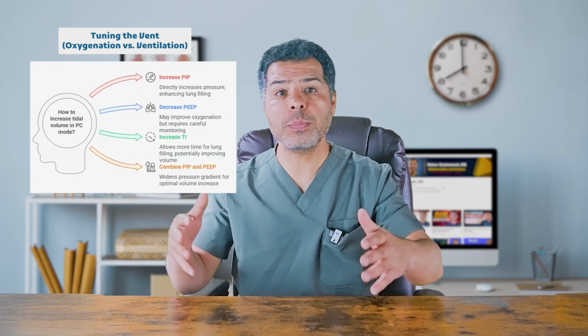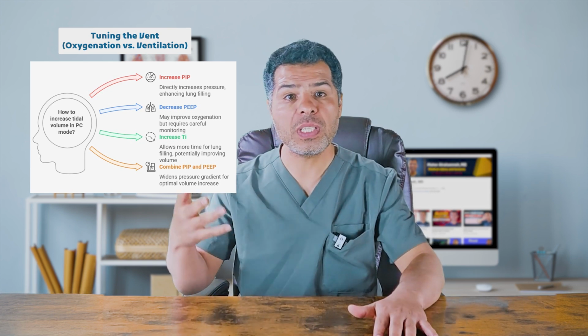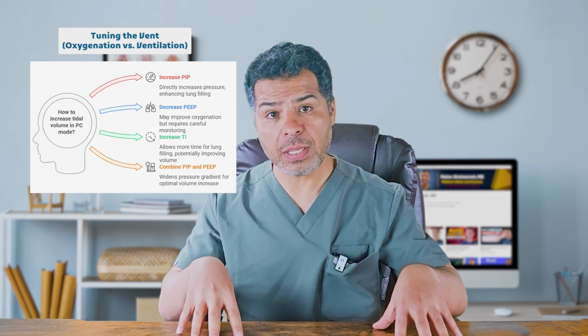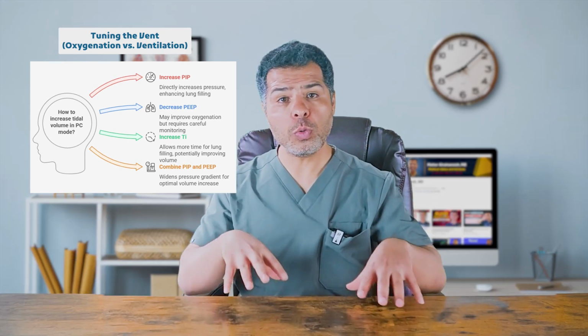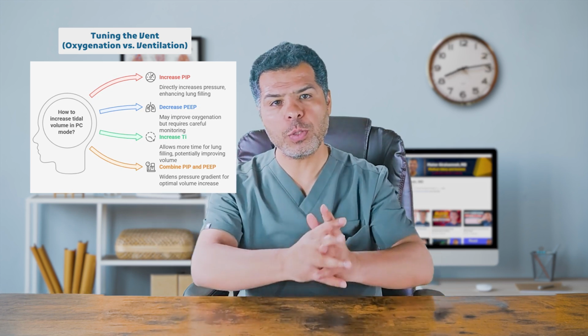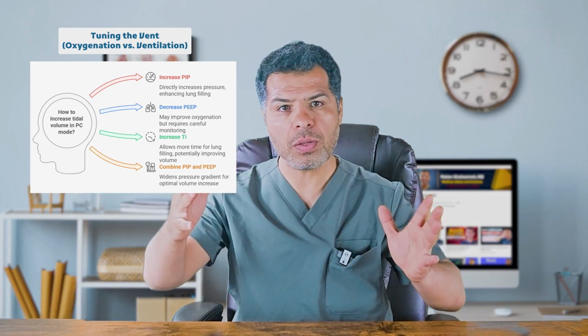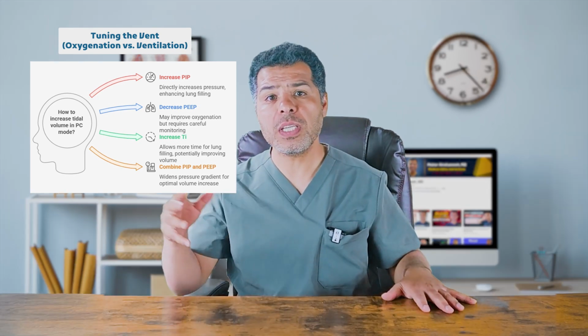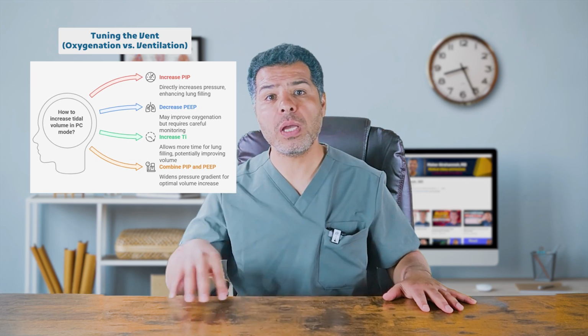Now, to increase tidal volume in pressure control mode, we simply increase the inspiratory pressure, or peak inspiratory pressure in general, or decrease the PEEP, carefully as this may affect oxygenation, or do both. Just widen the pressure gradient between the PEEP and peak inspiratory pressure. The wider the gradient, the higher the tidal volume. The smaller the gradient, the less tidal volume. Or increase the inspiratory time to allow more time for lung filling.